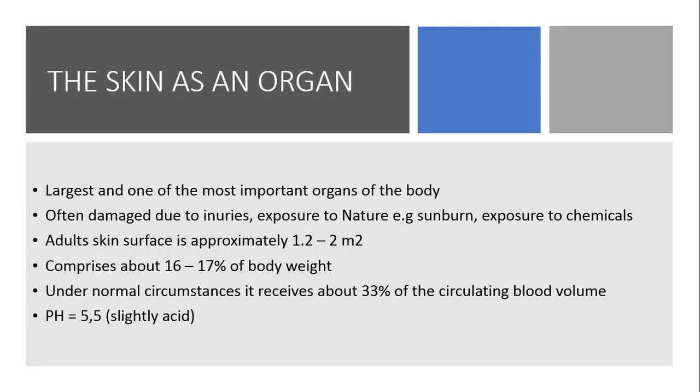It comprises about 16 to 17% of our body weight, and under normal circumstances, it receives about 33% of the circulating blood volume, which is quite a lot. It's a third of our blood volume, that's our skin's. And then if we look at the pH, it tends to go to 5.5, which is slightly more acidic.